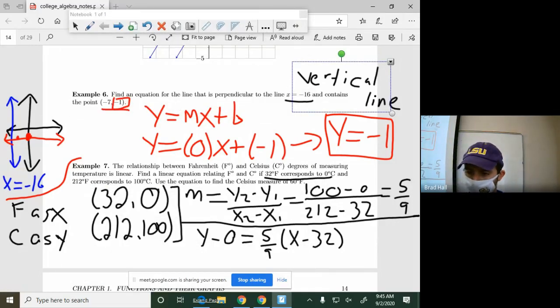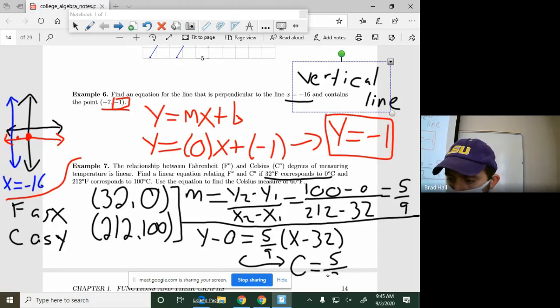Now we can clean this up slightly and revert back to, well, what was y representing this whole time? Celsius. What does x represent this whole time? Fahrenheit. So we can simplify this as C is equal to 5/9, parentheses, F minus 32.